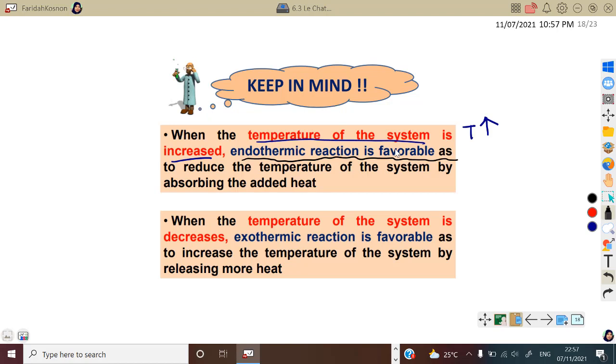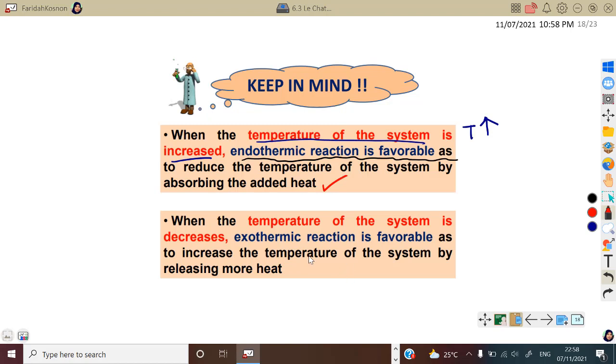Okay, suhu yang bertambah tiba-tiba, disebabkan kita increase the temperature tu tadi. Okay, jadi to reduce the disturbance, the system will absorb the added heat. Jadi tindak balas yang absorb heat adalah endothermic.